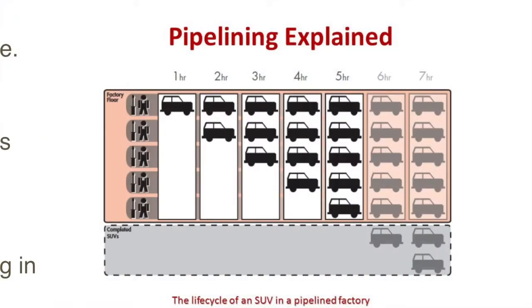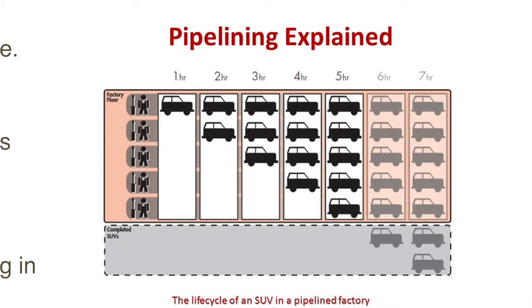In this example, we have SUV assembly lines in a factory. Now let's assume that you have about 5 stations for the assembly line. As soon as you finish the first station, you move it to the second station, you can start the next car right away.